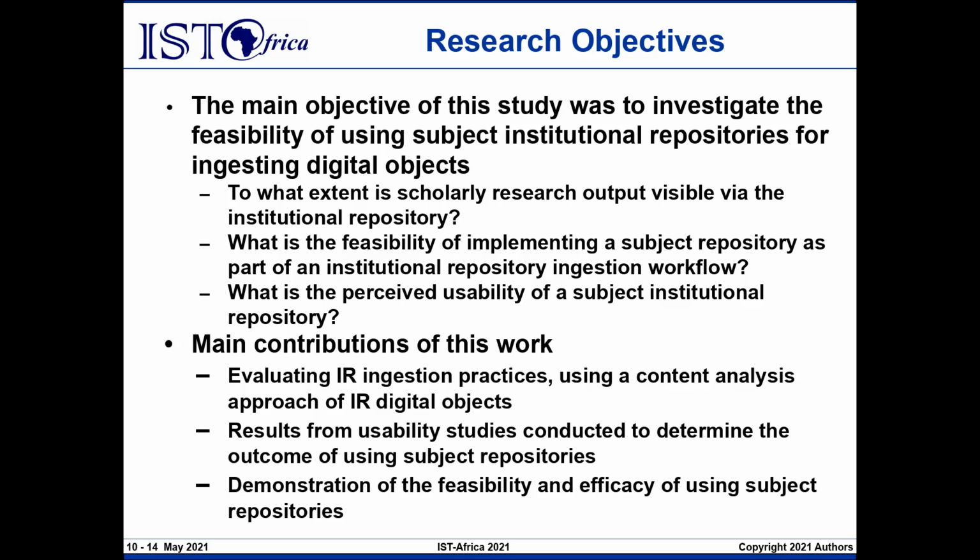And then the subject repositories would be used to synchronize content to the institutional-wide repository. And in essence, what we did was we set out to try and understand the extent of the problem we're trying to address, and then to determine whether it would be feasible to implement subject repositories. And of course, to ascertain the perceived usability associated with the subject repository.